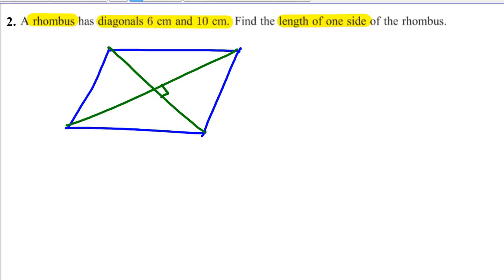And like I said previously, each of the sides of a rhombus are equal. Because they're asking us to find the length of one side of a rhombus, we can let x be the length of each side.